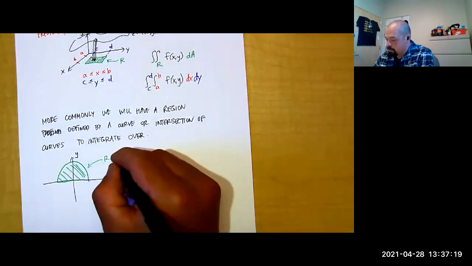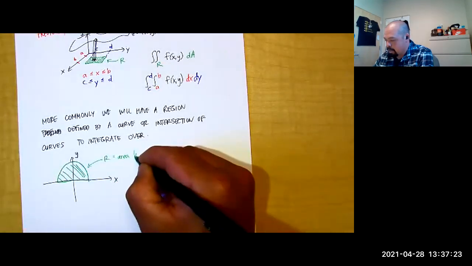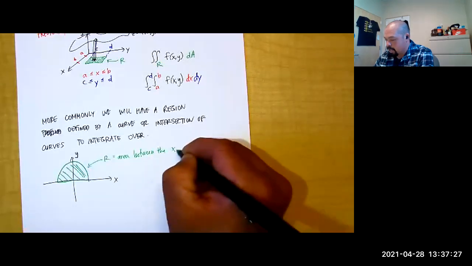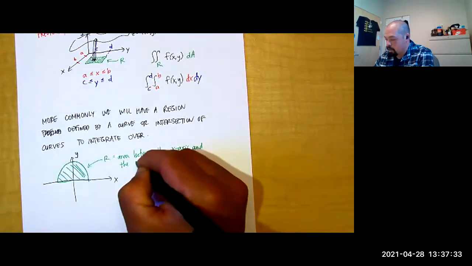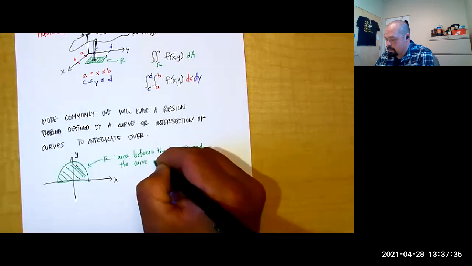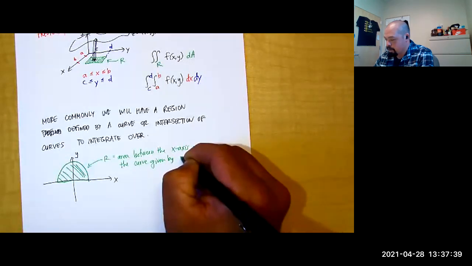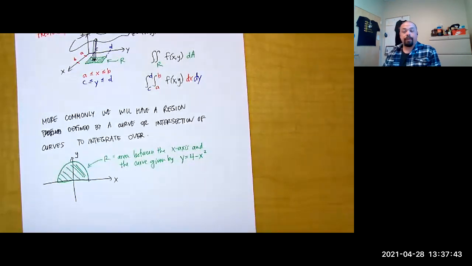Or maybe this is the area between the x-axis and the curve given by y equals 4 minus x squared.